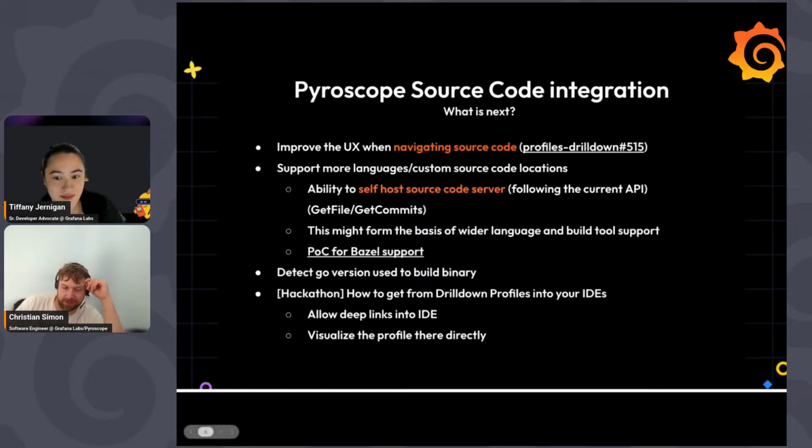So I guess in general, whatever service you use to store your source code, with this ability to self-host your server, you can integrate with those systems. Basically the requests the source code server gets are like, give me this file, or resolve that commit for me, and as long as you can answer those.